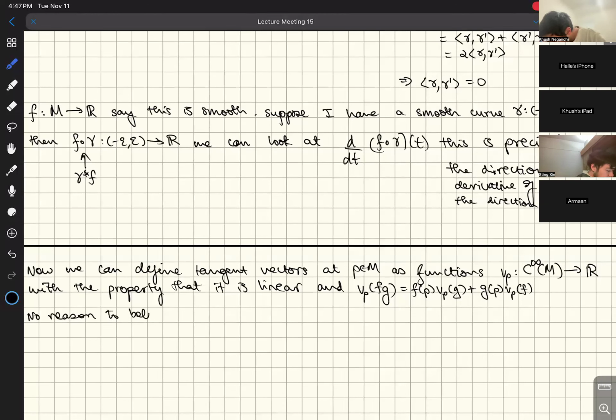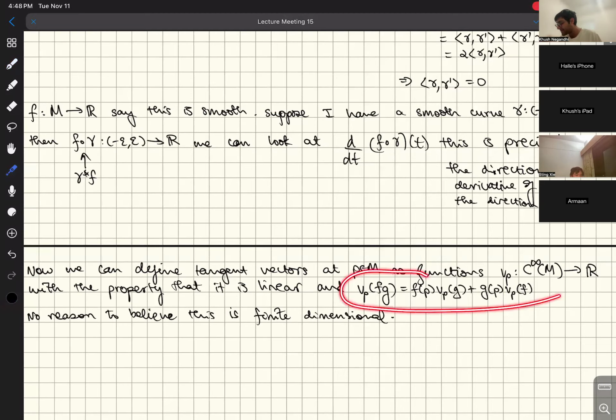Because you're taking a huge vector space and then taking linear functions on this huge vector space, but you're constraining them a little bit more. And it turns out that these are actually finite dimensional.